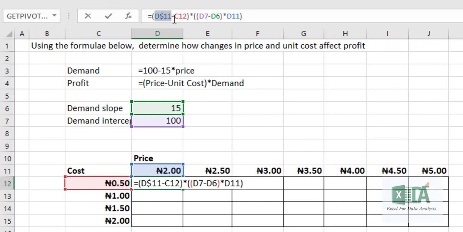Now you see that the dollar sign is in front of 11. Let's leave that. Now we have cost, which is C12.